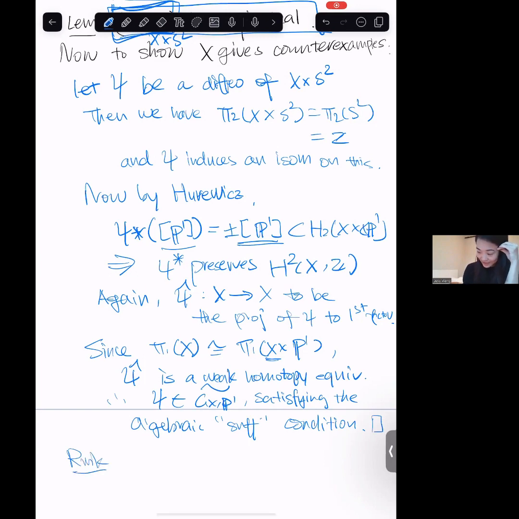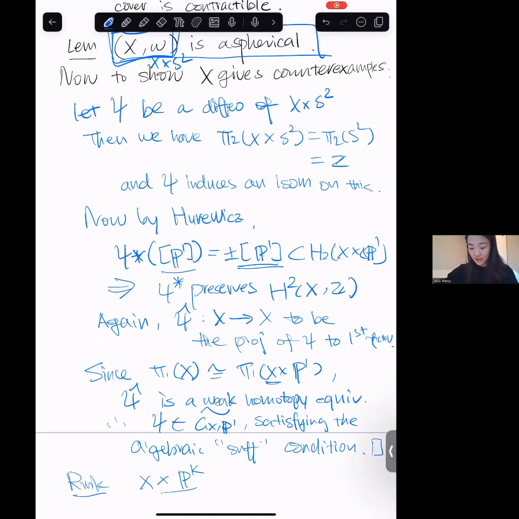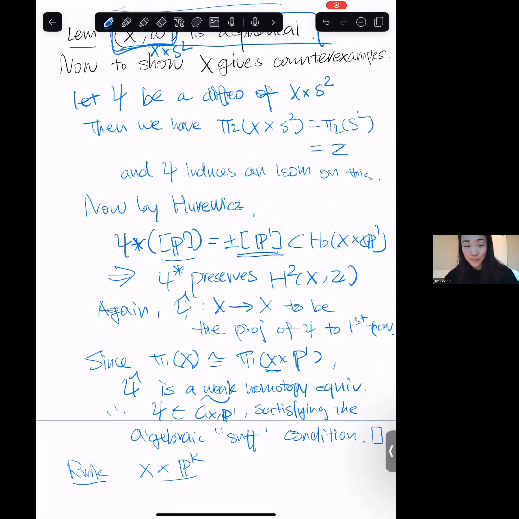One last remark is that this argument works for X cross P1 stabilized by PKs as well. So if you stabilize with PKs for higher K, we also know that the symplectic forms constructed in McMullen-Taubes' example remain non-deformation equivalent. Okay, so now I'm done.